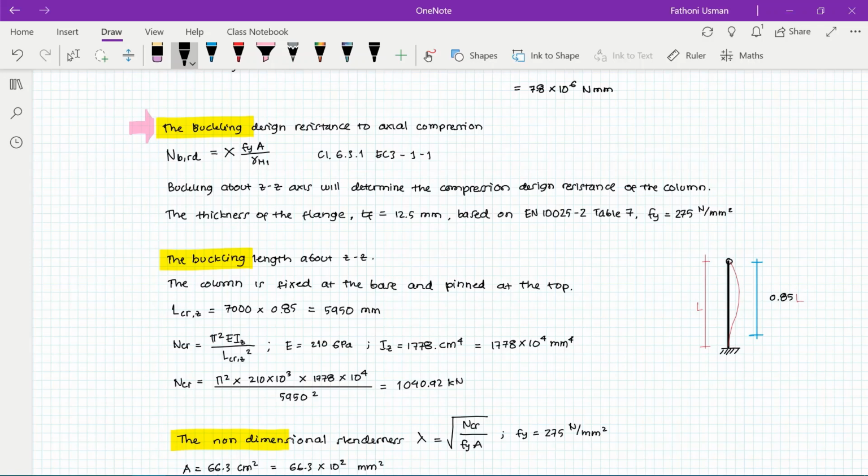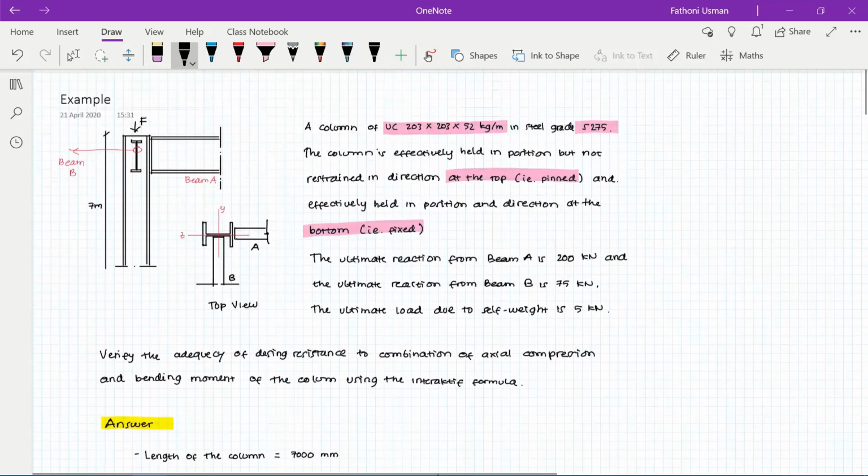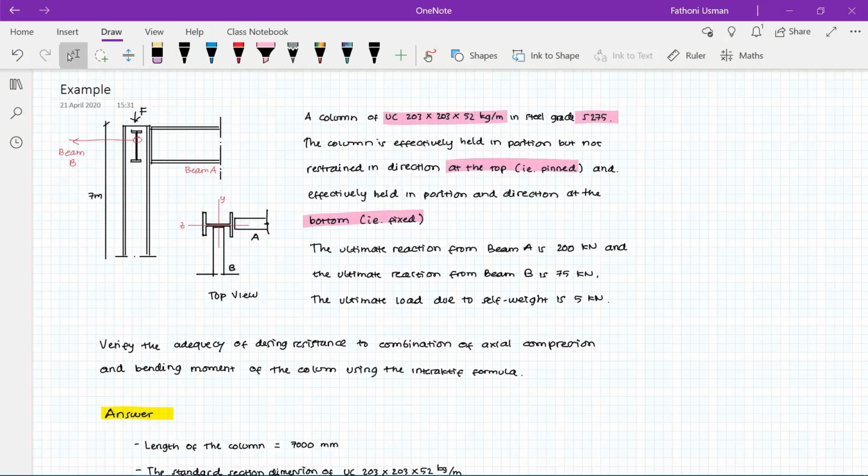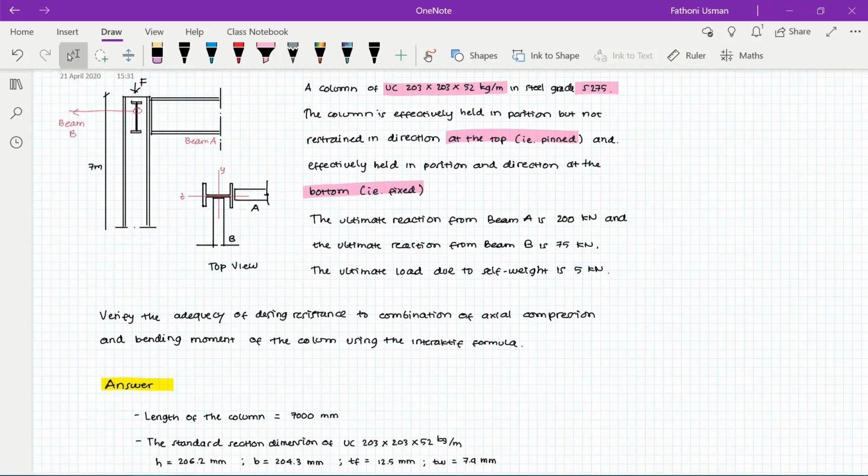Since there is no statement mentioning attachment of tying beam or bracing on the column, and also the way the column is attached to its both end support condition is equal.